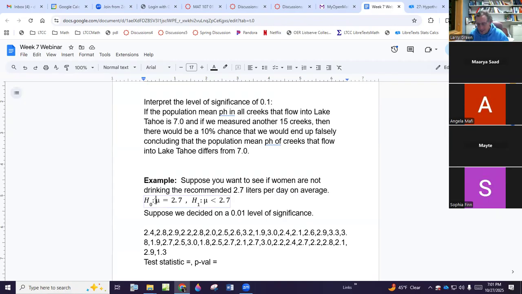And you might say, I'm drinking 3.1 liters. And that's a number, not a yes, no. So mu is equal to 2.7. H1, we want to see if women are not drinking the recommended. Okay. And remember, that means they're drinking less if things are a problem. So mu is less than 2.7. Does that make sense?